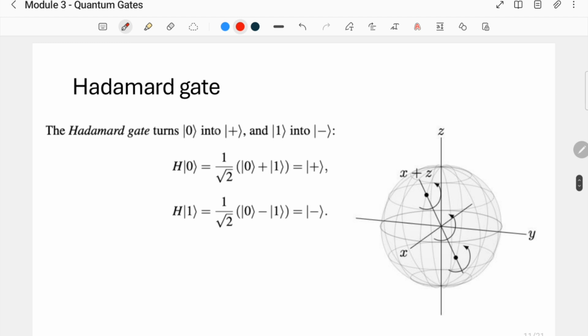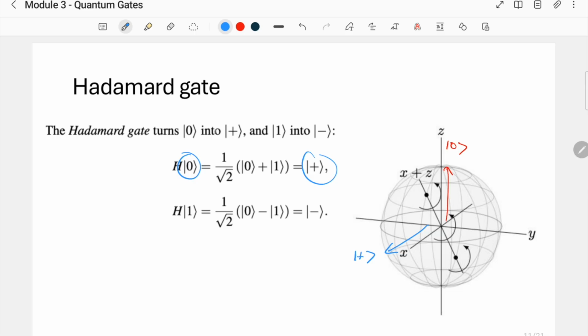Now, this is the Hadamard gate, one of the most important gates in quantum information, which we will see in almost every circuit. What it does is transform 0 into the plus state. So we start here on the Z axis with state 0, and when we rotate it with the Hadamard gate, we obtain this state here, the plus state.